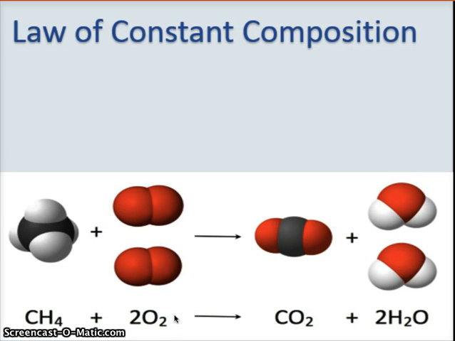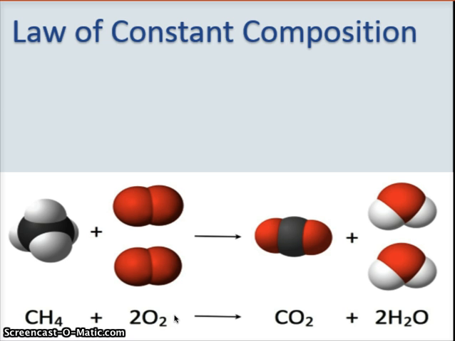The law of constant composition. So the law of constant composition just says that methane will always have four hydrogens to one carbon.